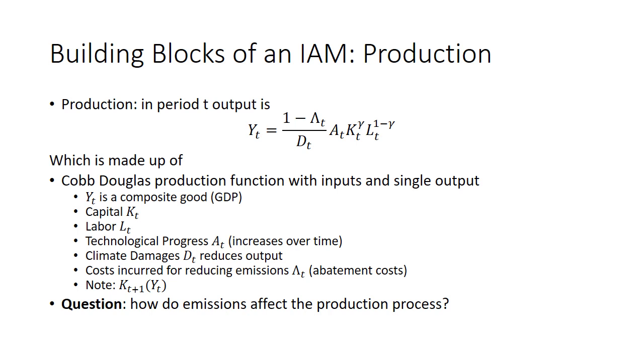Technological progress is basically how we turn capital and labor into GDP. KT is capital in period T, and LT is labor in period T. The exponents gamma and 1 minus gamma are the elasticity of substitution between capital and labor, how we can substitute labor and capital to produce the same amount of GDP.